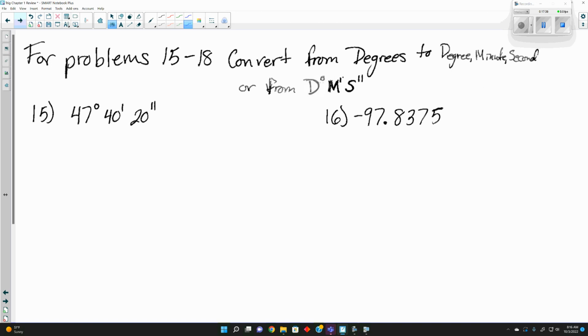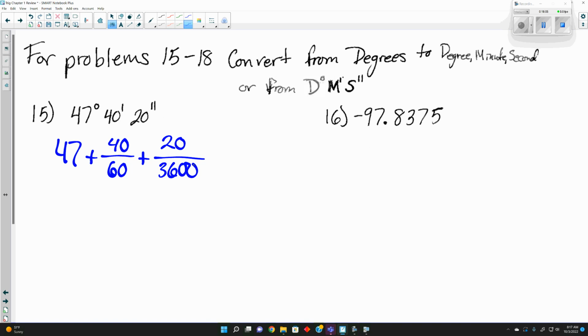All right. Going from our angle to degrees, minutes, seconds, or degrees, minutes, seconds back to the angle in decimal form. Now, if we wanted to work this out, what we would need to do is 47 plus 40 over 60 plus 20 over 3,600.